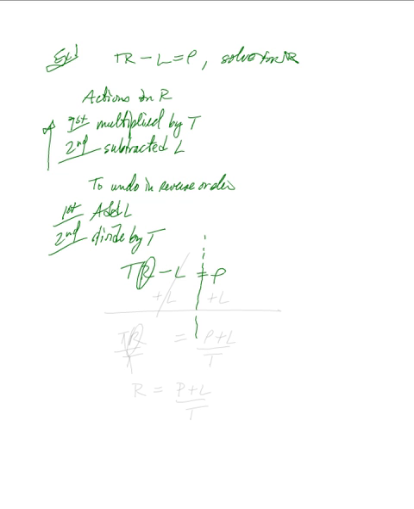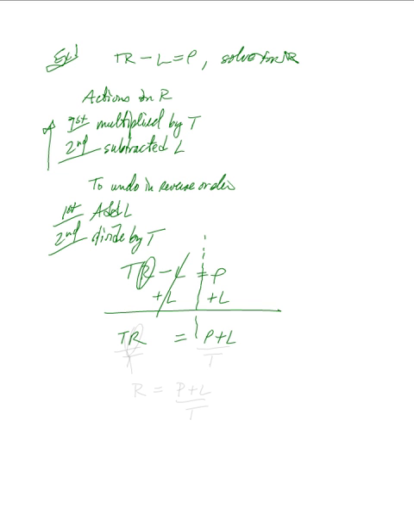But on the same side of the equal sign where T is, I ask myself, what's the thing furthest from the T? And that would be the L. And then I ask myself, well, what's it doing? It's being subtracted. So how do I undo it? Add. So I add L to both sides to preserve the equation. And so then I just am left with TR equal to P plus L.